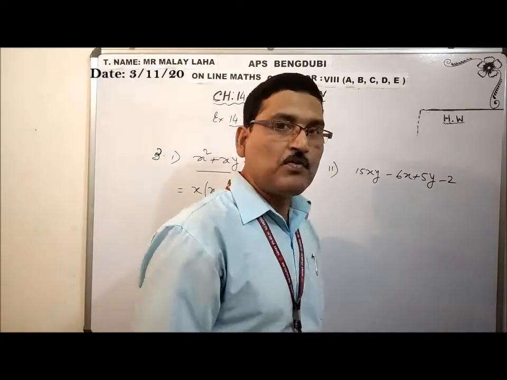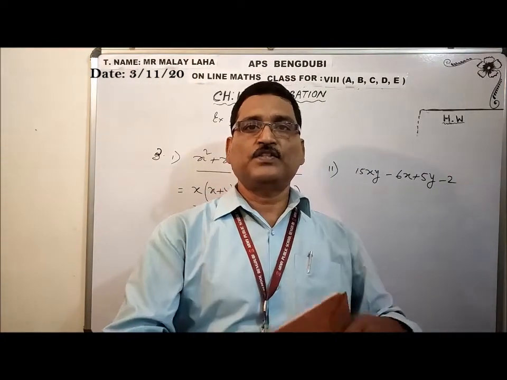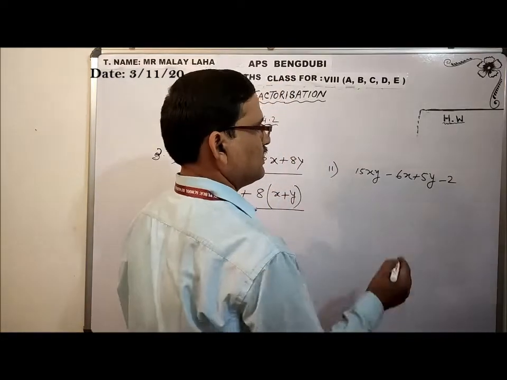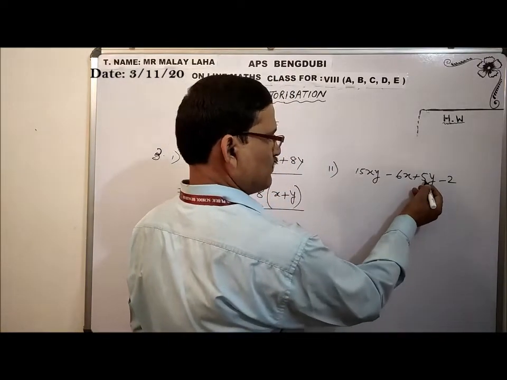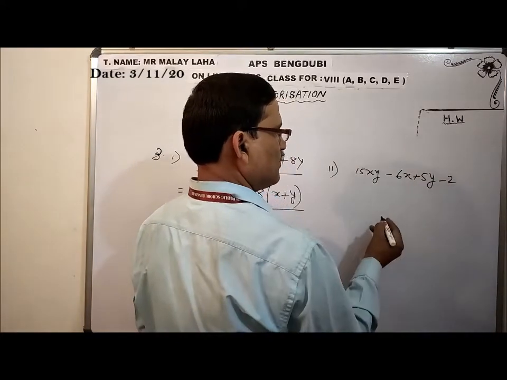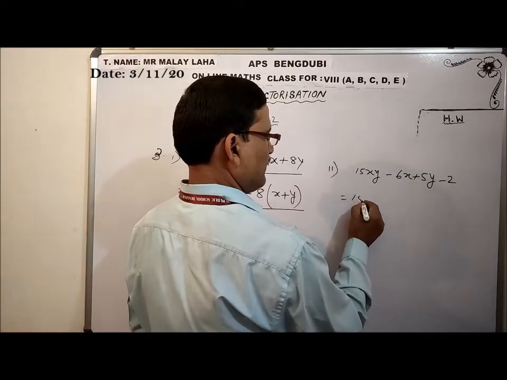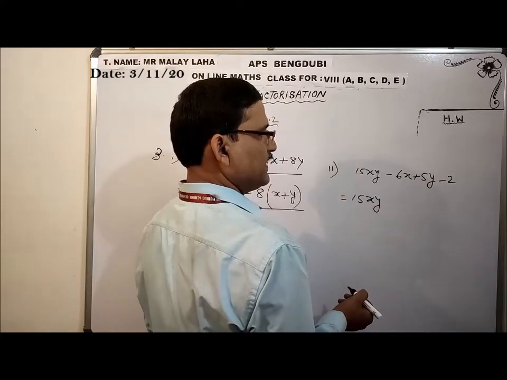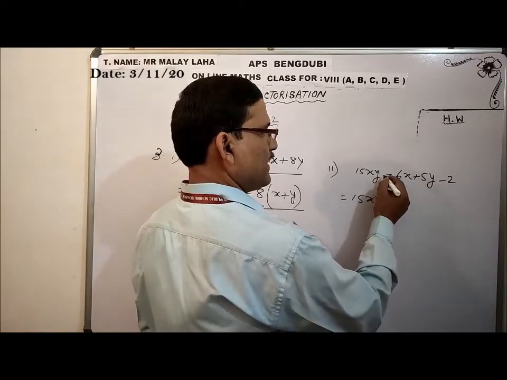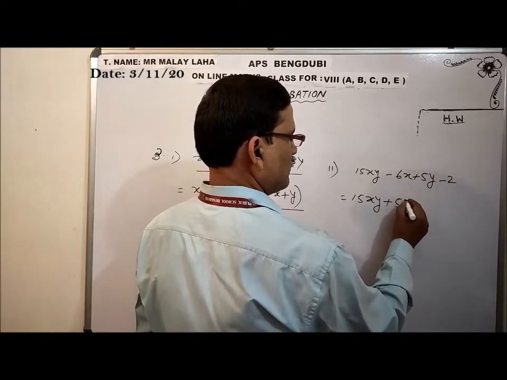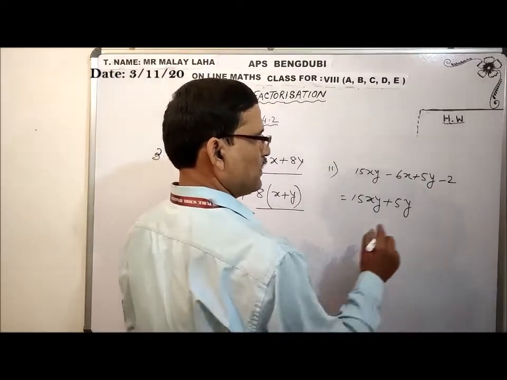Now for regrouping we may change the position of the terms, for our betterment. So what can I take common? If I take 5y here and shift the minus 6x over there, then what will be there? You just see 15xy. Why? Because 5 and 15 easily I can take common, and x, y and y easily I can take common. 15xy plus 5y is one group.